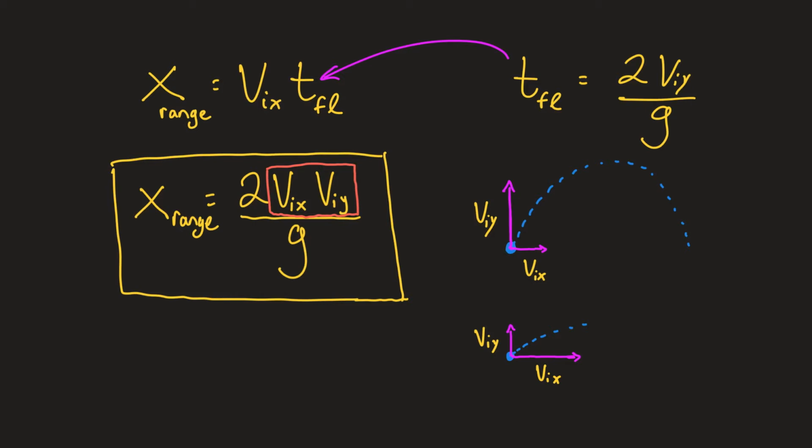Okay, now there's something hidden in here, like finding a gem buried under the ground. It's pretty cool, and I want to see if you can find it. I put a box around this in red, so you're still looking at this. But then I've drawn another little picture over here, so we've got two launches. We've got this launch that's pretty steep, and then this launch that is not as steep.